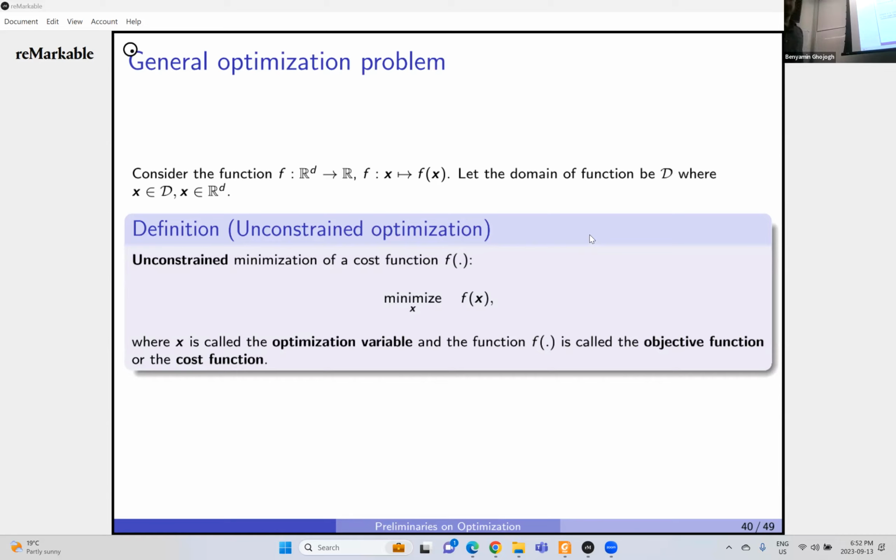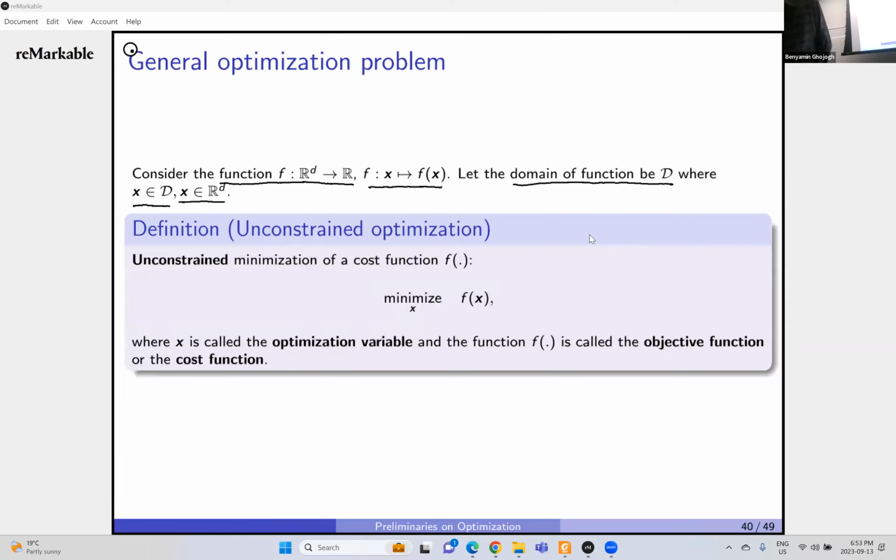So consider the function. Now let's talk about general optimization problem, right? So consider the function f from Rd to R, where it maps x to f of x. Let the domain of the function be D. I mean, where the x can be defined for f. X belongs to D, and x is D-dimensional, right?